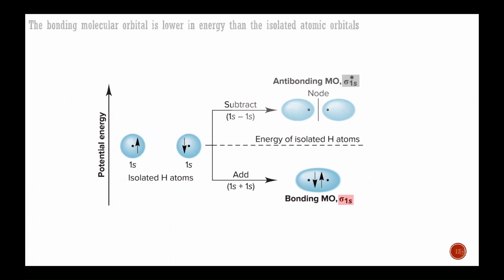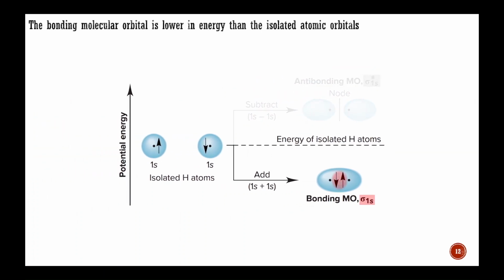As you can see, the bonding molecular orbital in the hydrogen molecule is concentrated between the nuclei along the internuclear axis. Electron density in this molecular orbital both attracts the nuclei and shields them from each other, stabilizing the molecule. Thus, the bonding molecular orbital is lower in energy than the isolated atomic orbitals.